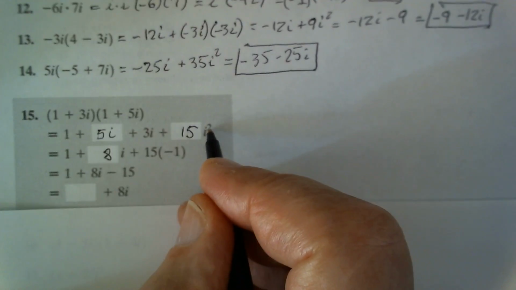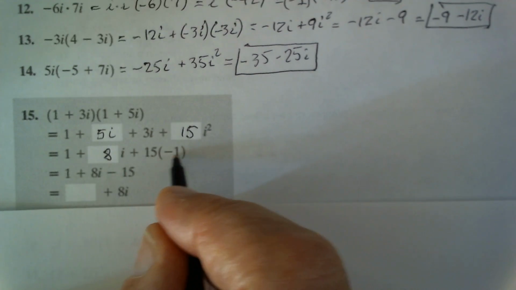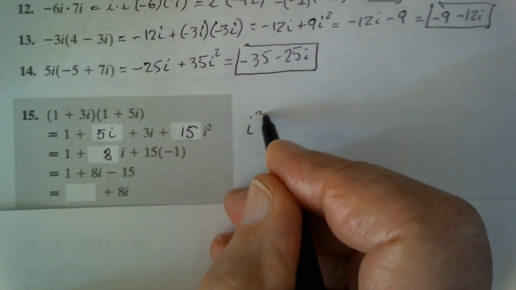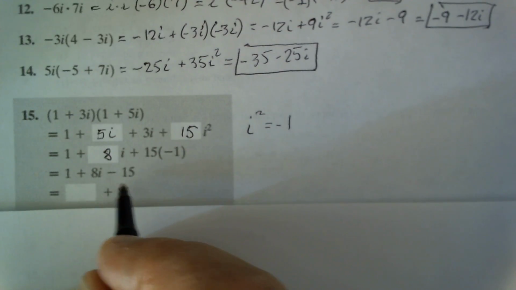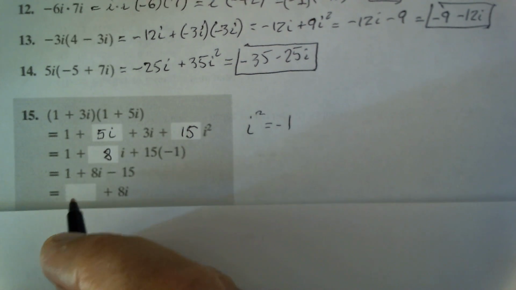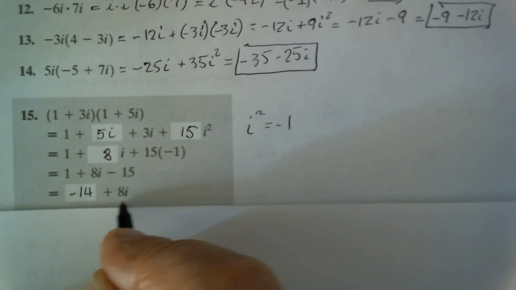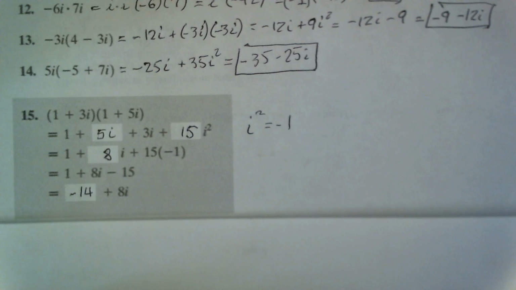And then i squared equals minus 1. So that gives us 15 times negative 1, because i squared equals minus 1. And so now we can combine the 1 and the minus 15, which would be minus 14 plus 8i. So that would be the answer to this problem here.